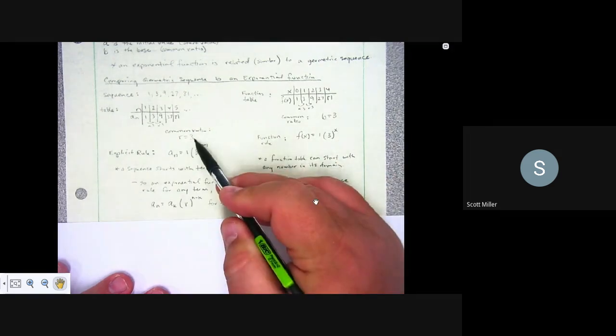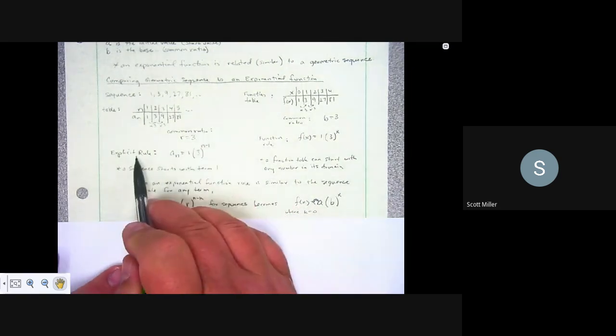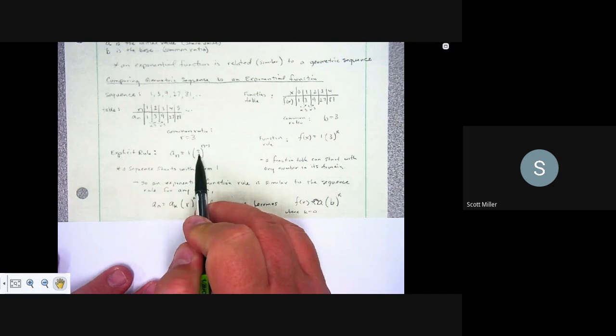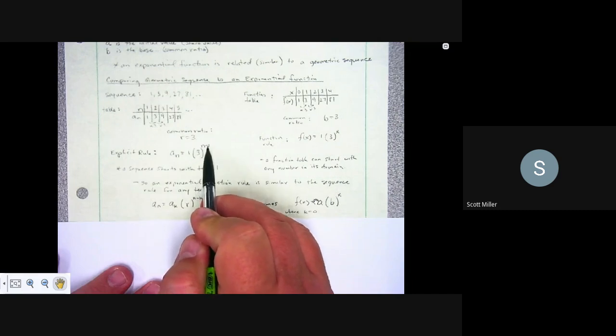Do exactly the same thing, put it into a table, and you see that the common ratio, in this case, which would be the b value, is also going to be 3. So the common ratio is 3 over here in the sequence, and the base number is 3 over here. It's the same number. In writing the explicit rule over here, we use a sub n is the start number times the common ratio to the n minus 1.